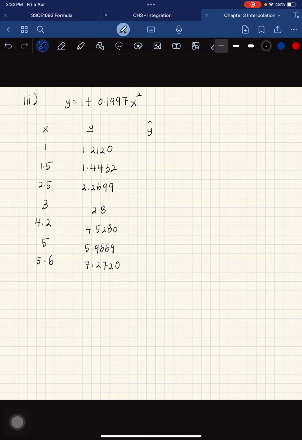And then we need to find the estimation value of y. So you need to substitute the value of x in this equation, and you need to try one by one.